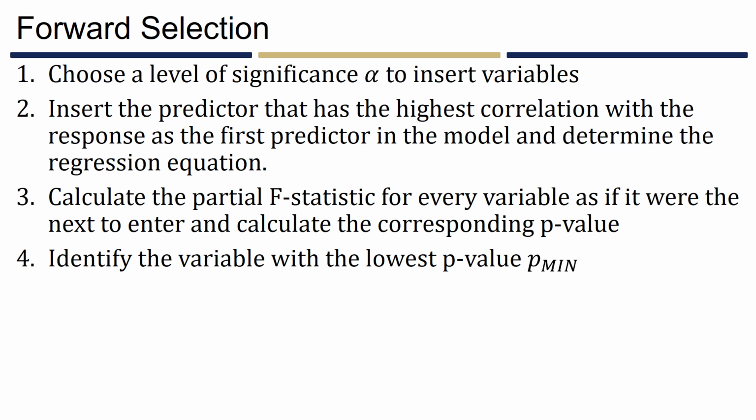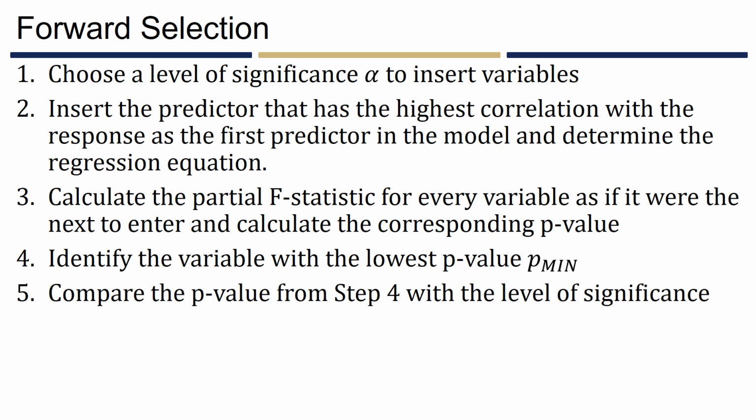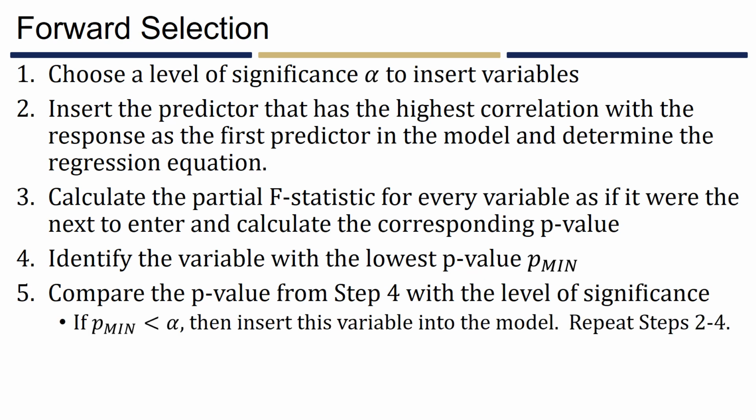We'll call that p-min. And step 5 is going to be to compare the p-value from step 4 with the level of significance that we choose. If the p-value for that predictor is less than alpha, then we're going to insert this predictor into the model, and then go back and repeat steps 2, 3, and 4.